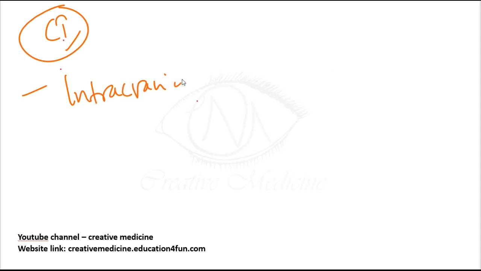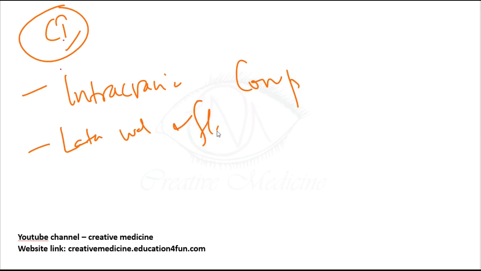Now, what are the contraindications of functional endoscopic sinus surgery? Any intracranial complications of sinusitis, or involvement of the lateral wall and the floor of the maxillary antrum, or if the pathology is localized to the lateral recess of the frontal sinus.